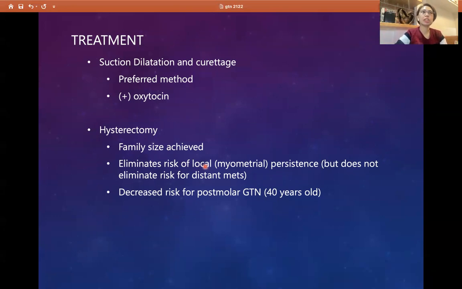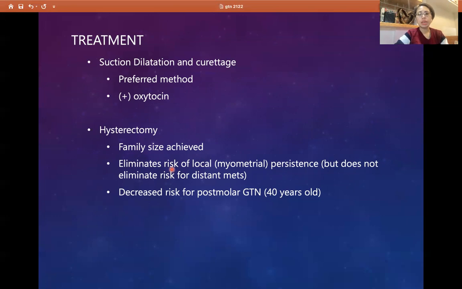However, it still does not rule out the possibility of distant metastasis. Remember, the molar pregnancy should be just within the endometrium. If it involves the myometrium, then it's still considered a local invasion. So with hysterectomy, we eliminate that risk of local persistence or invasion.